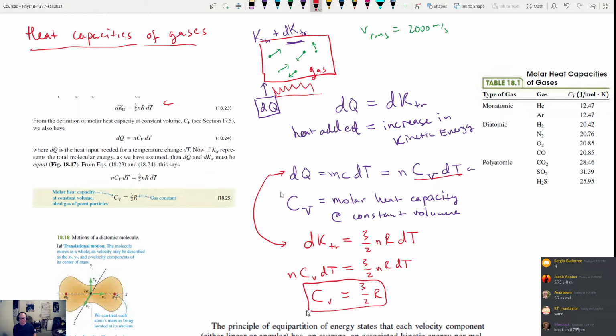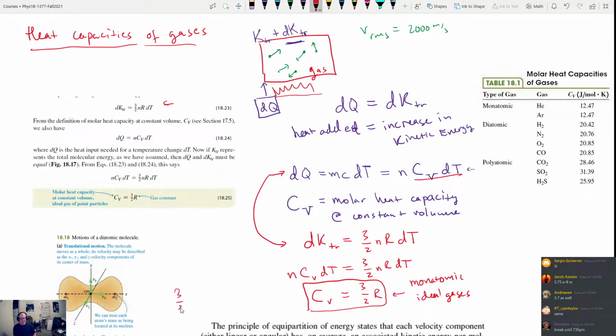Look at that. This is specifically for monatomic gases. And what it says is that the molar heat capacity should be equal to 3/2 times the gas constant. What's that equal to?